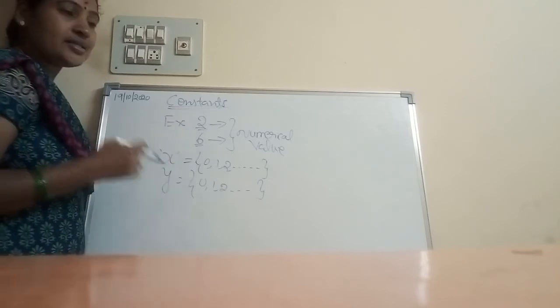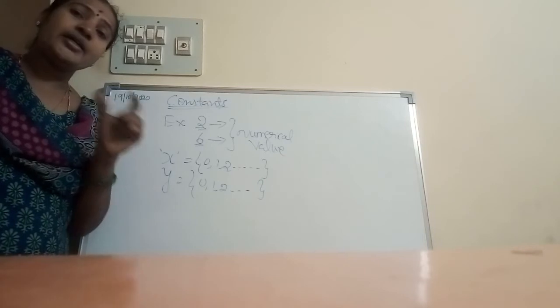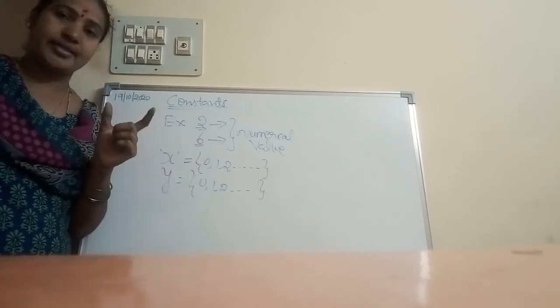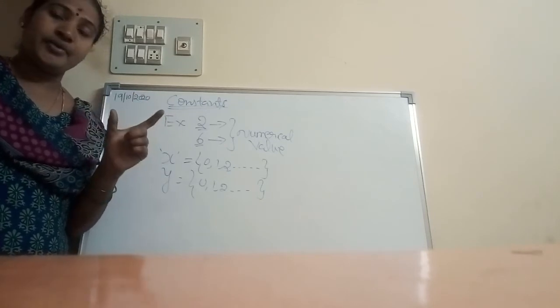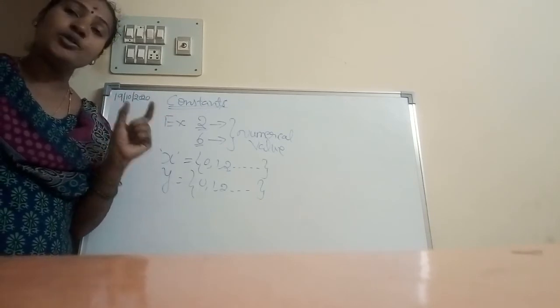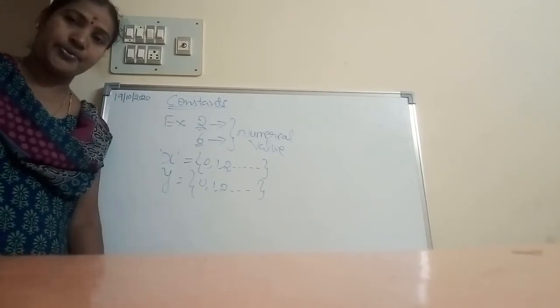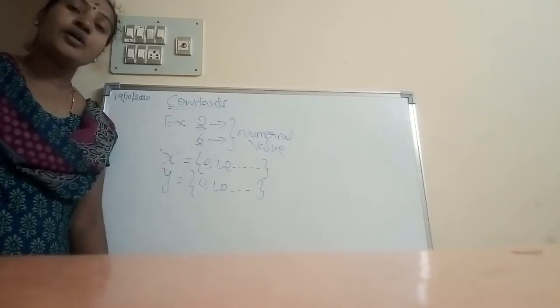And 2, 6, 3 are constant values. There is no chance of changing the value. That is known as a constant, the fixed value. Constant is nothing but a fixed value. Variable means there is a change in the value. Okay children, I hope you have understood the meaning of constants.